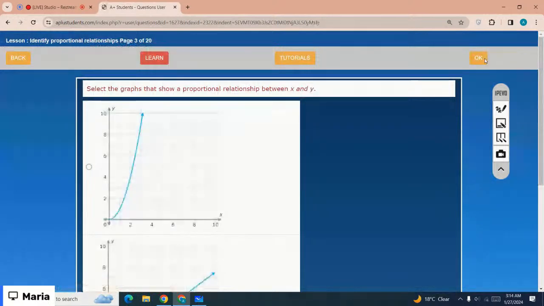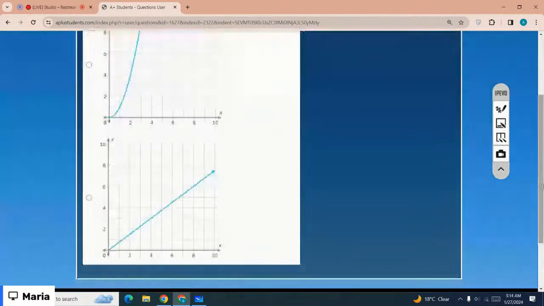Okay, the next one is select the graph that shows a proportional relationship between x and y. So which is the correct option you are given? Two of the options. So which option is the correct one?